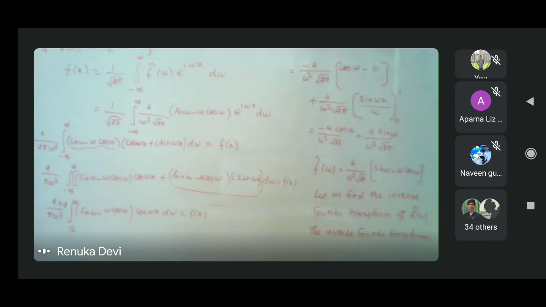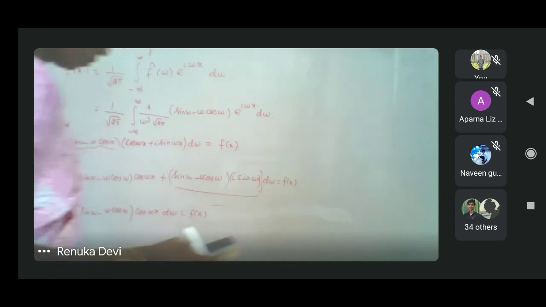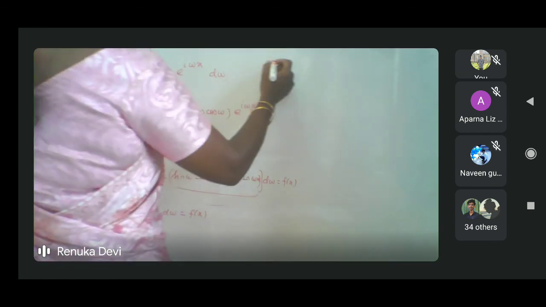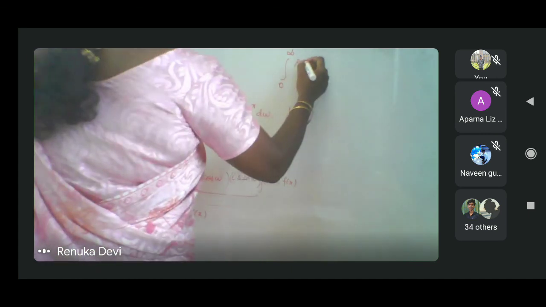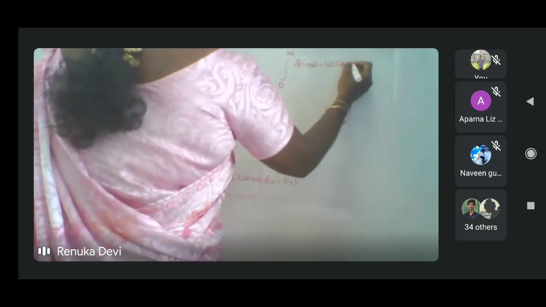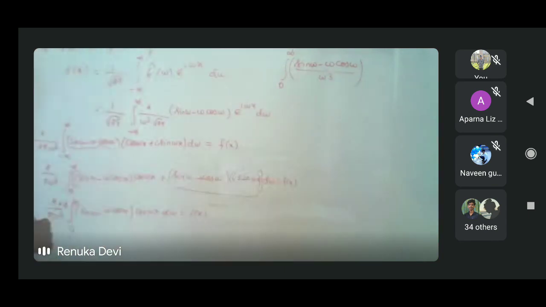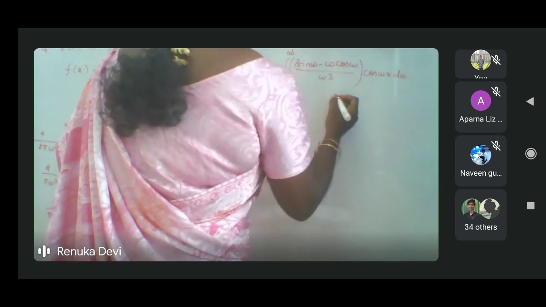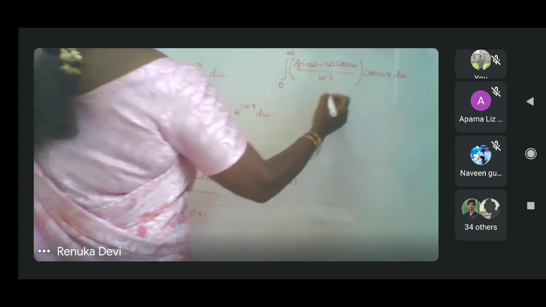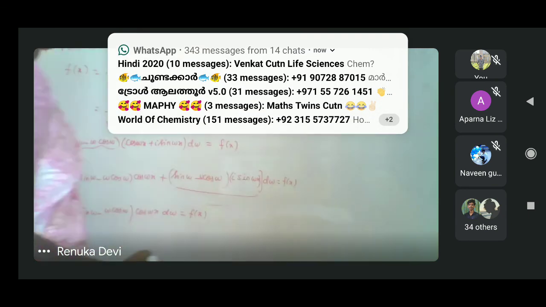So integral 0 to infinity, (sin W minus W cos W) by W cube, I take this W cube inside the integral, into cos Wx dW equal to pi by 4 into f of x.